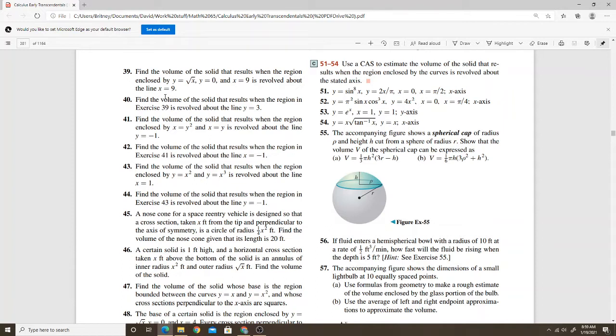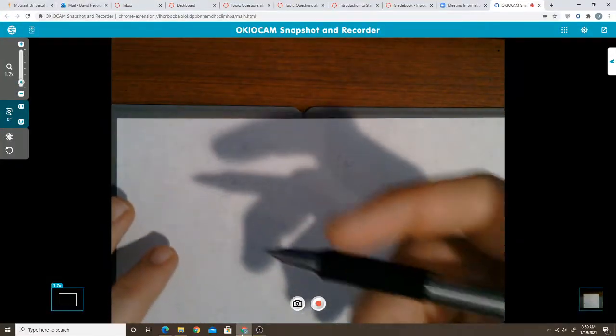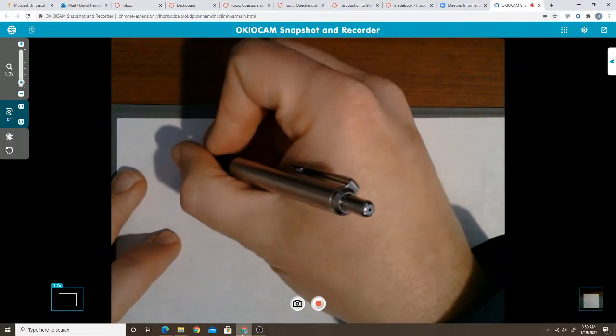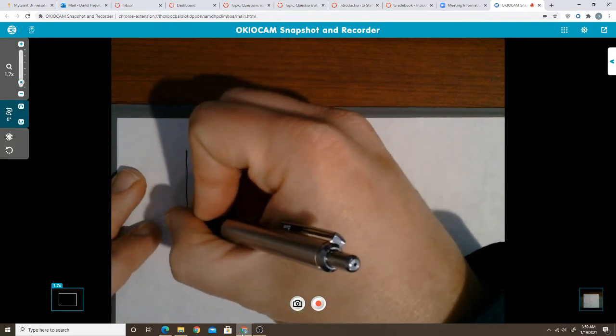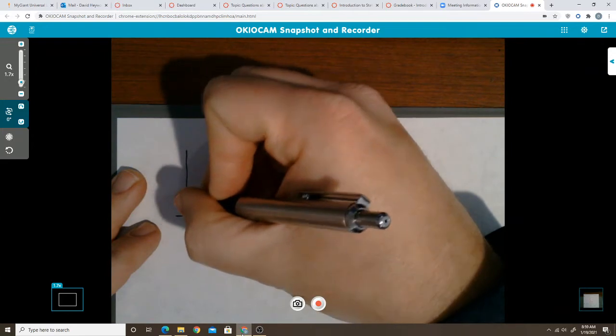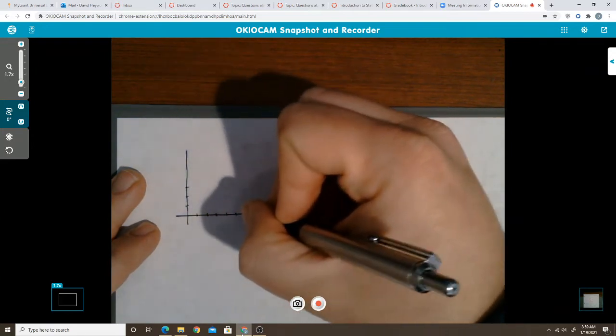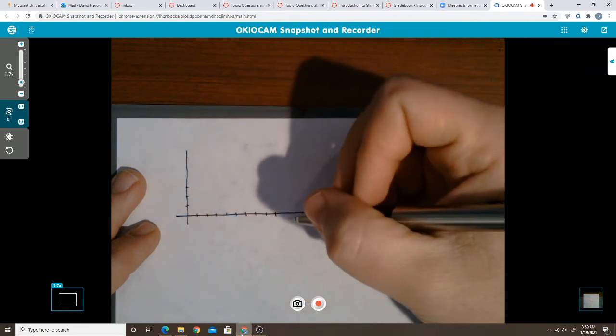And oh, that's interesting. So we're revolving around the line x equals 9. Okay, so let's take a look. So we've got y equals square root x. If I go 1, 2, 3, 1, 2, 3, 4, 5, 6, 7, 8, 9.